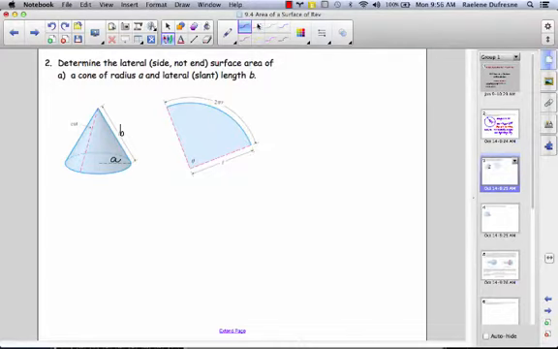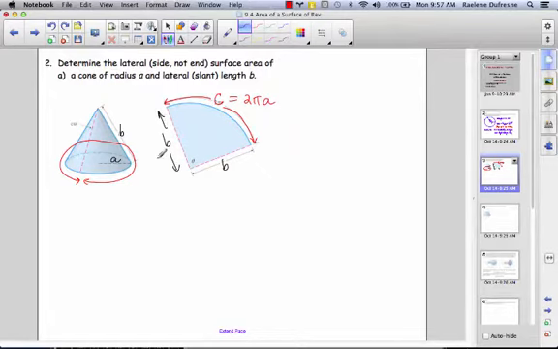And we have an arc length of the sector along here, which is the circumference of the base. And the circumference of the base in this case is 2 pi times the radius, and the radius is A. Similarly, the radius of the sector when we unravel it is the length B, which was the slant side.